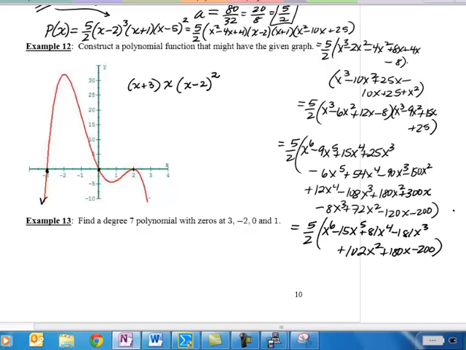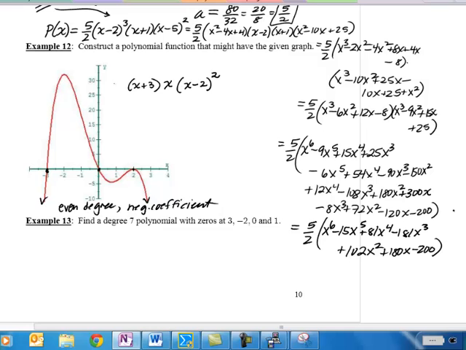Also notice that the end behavior is like an even degree but negative, because the ends are going down instead of up. So even degree with a negative lead coefficient, this isn't quite that, right?